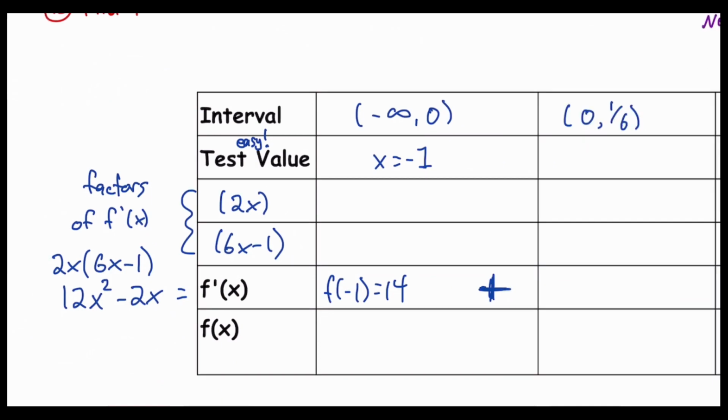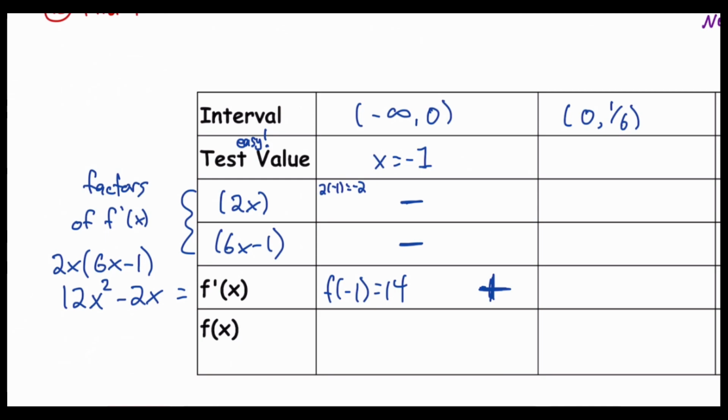I know if I plug negative 1 into this factor, I get a negative value because 2 times negative 1 is negative 2. And if I plug negative 1 into this factor, it's also going to be a negative value. When I multiply these two numbers together, a negative times a negative is going to give me the positive. So I could have just predicted that way as well without actually evaluating and finding this number. Once again, I don't care about the actual values here. All I care about is if they are positive or negative.